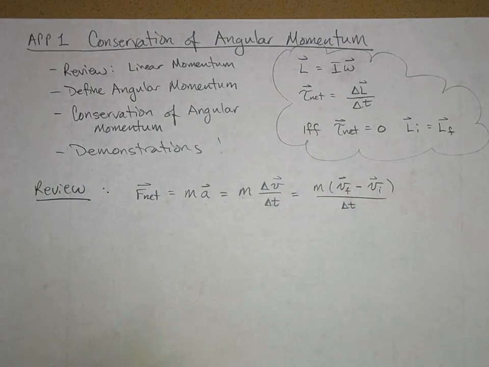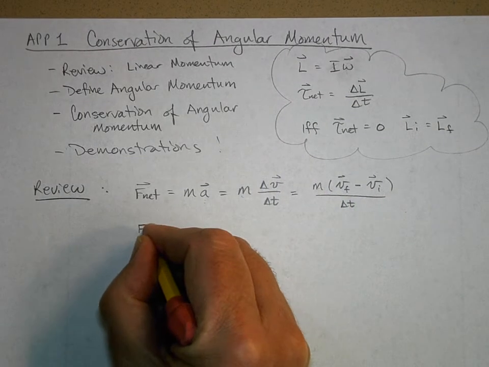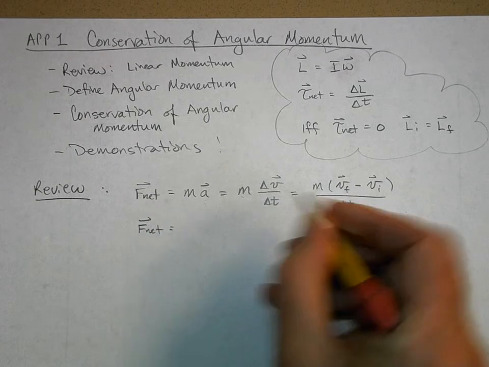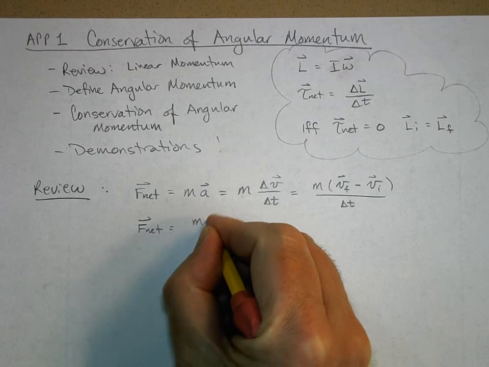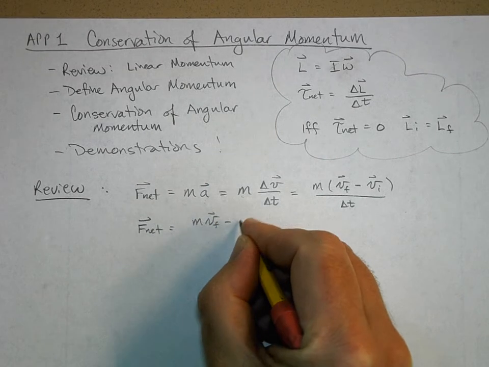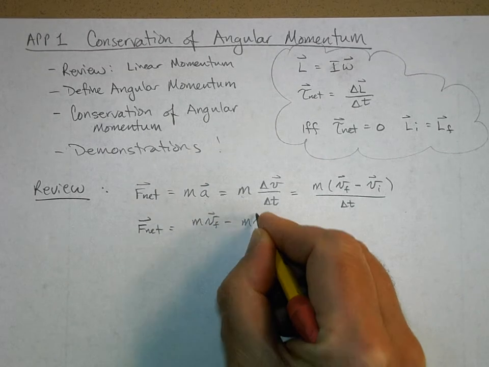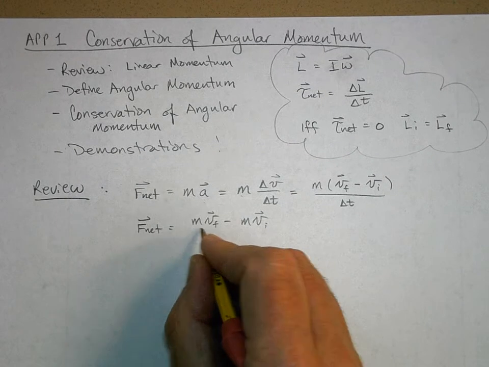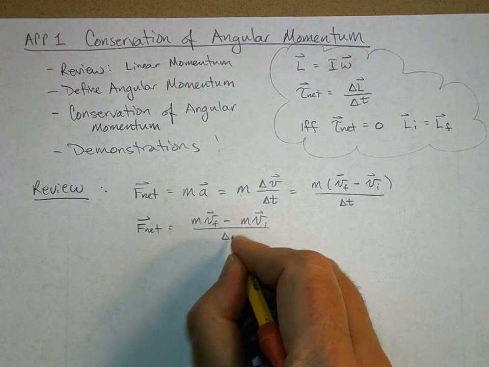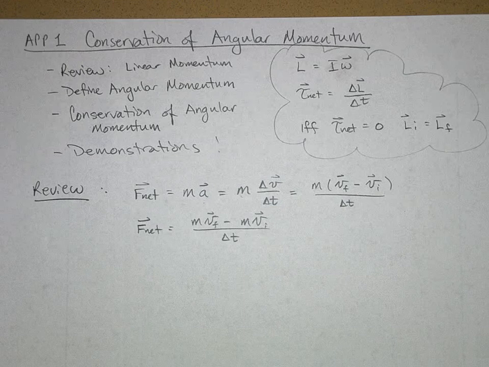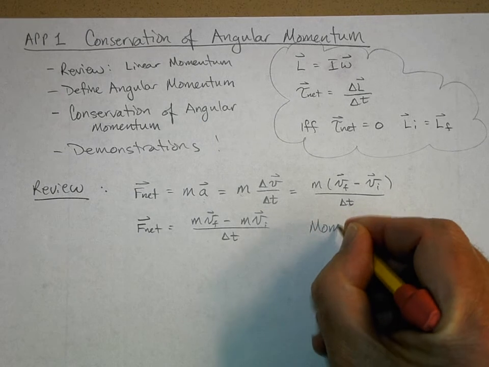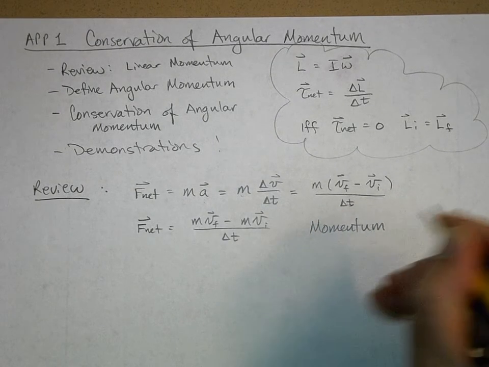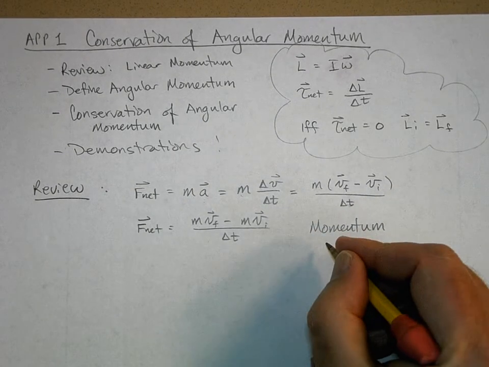I distribute the mass in here, and we get mass times the final velocity minus mass times the initial velocity, over time. And so we add this quantity, mass times velocity, and we define that to be momentum, or in this case, linear momentum.